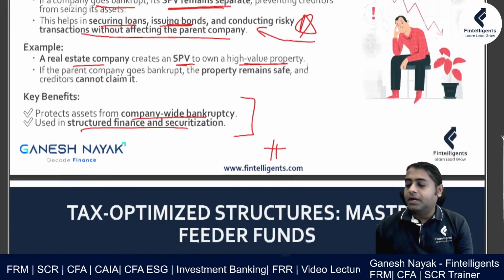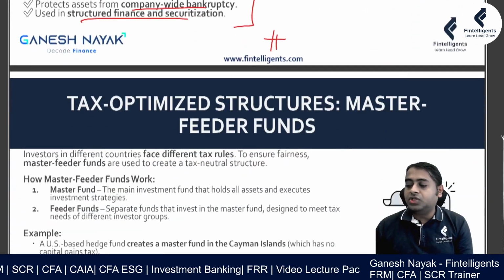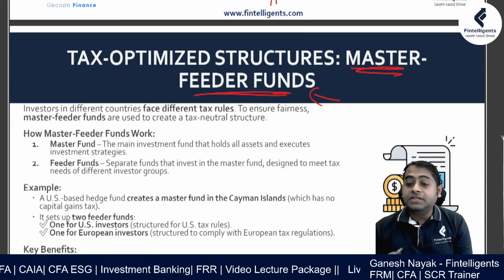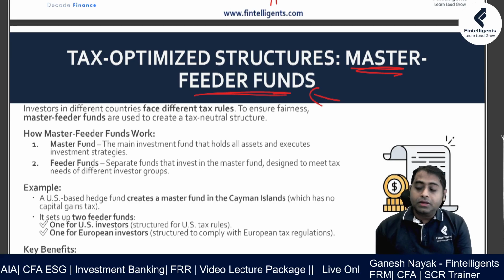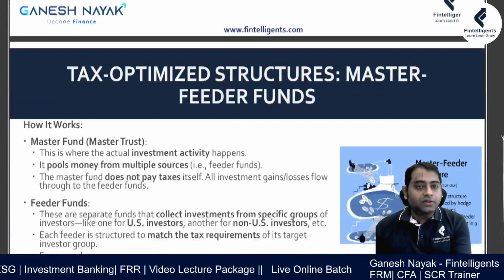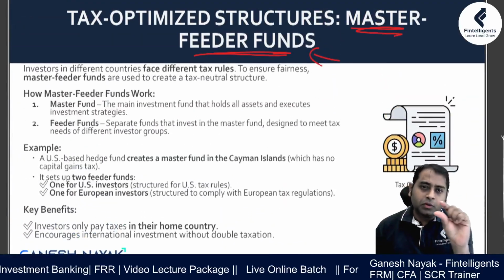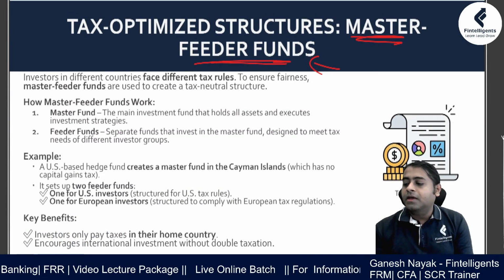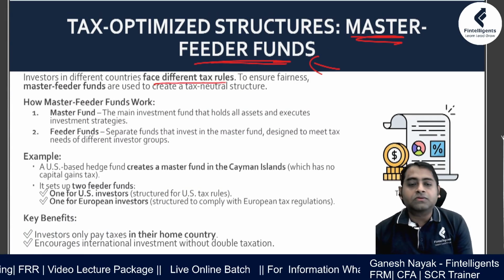Right? Tax optimized structures, master feeder funds. Now this is very unique. I've kept a few slides on that, because in the book they have only mentioned a very simple structure, basically a few lines. Investors in different countries face different tax rules, right?